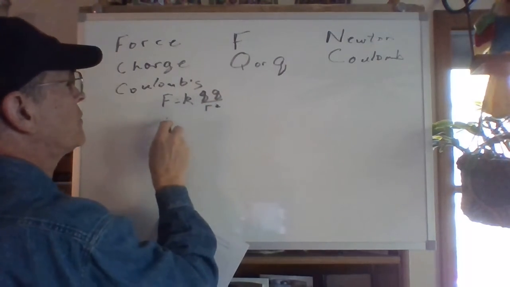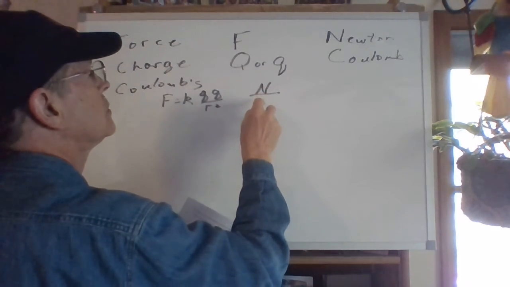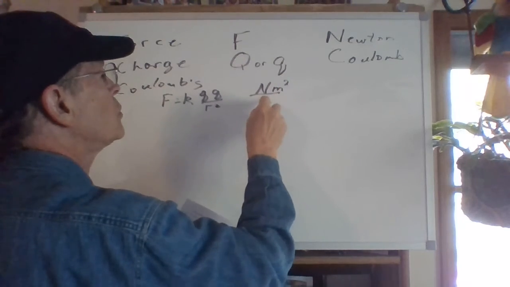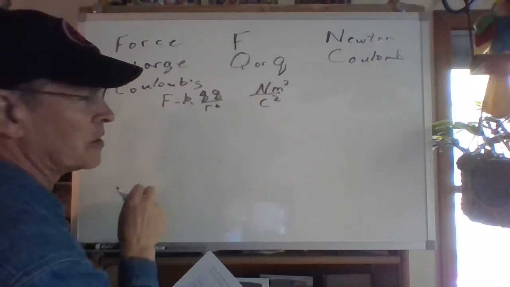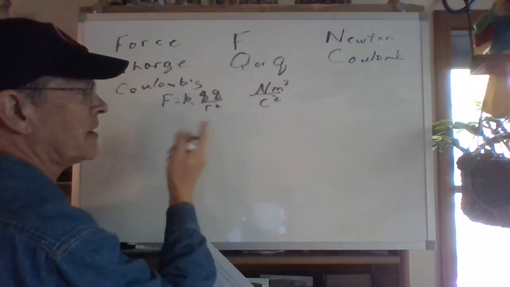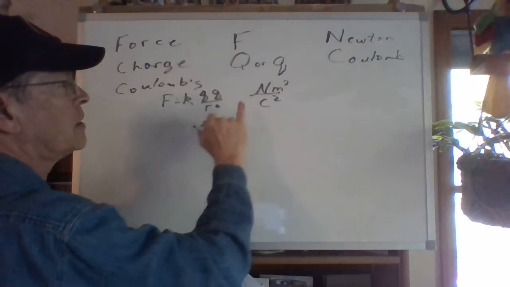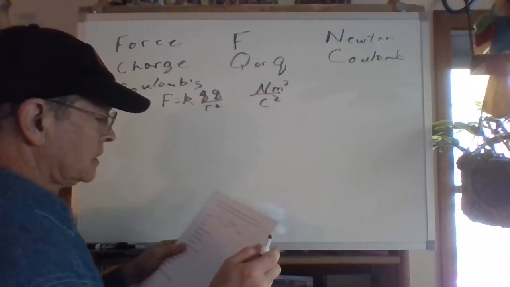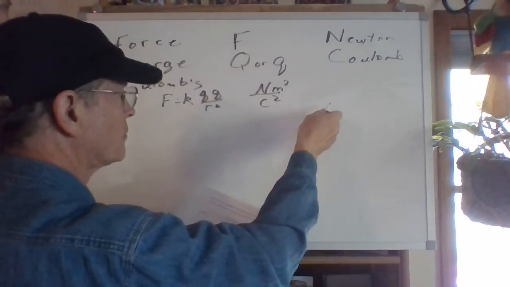So K would have to be newton meter squared per Coulomb squared. You'd have to move these terms to the left side of the equation, leaving K on that side. So it'd be newtons times the meter squared per Coulomb squared. Oh, that's the unit label, of course.